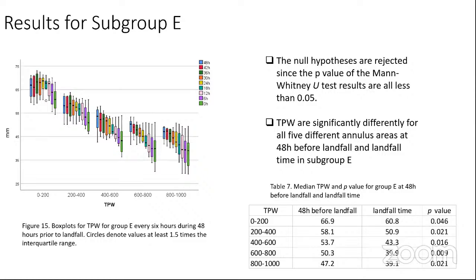So the TPW is significantly different for all the 5 annulus regions at 48 hours before landfall and at the landfall time in group E. And we can see that the median moisture 48 hours before landfall is higher than that at the time of landfall.